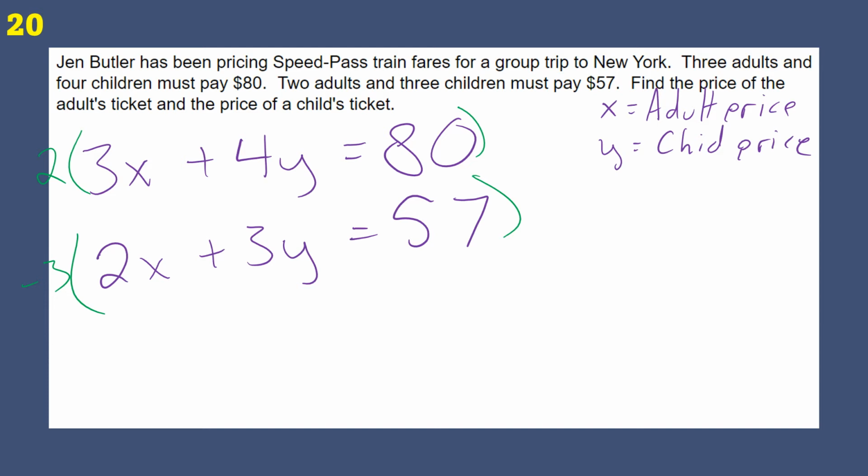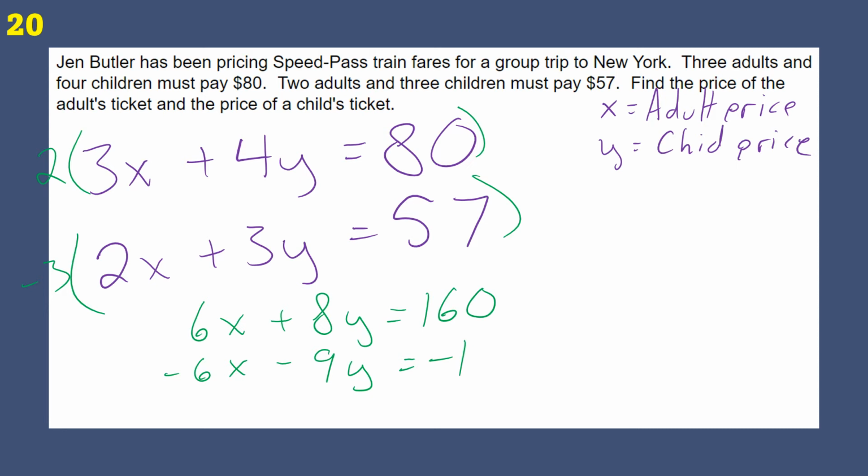If I do that, I'm going to rewrite my equation as 6x plus 8y equals 160. I just multiplied the first line by 2. The second line would end up being negative 6x minus 9y equals, and negative 3 times 57 is negative 171.